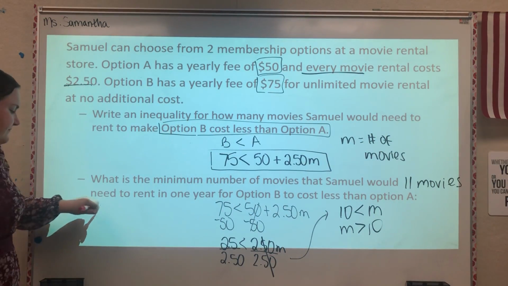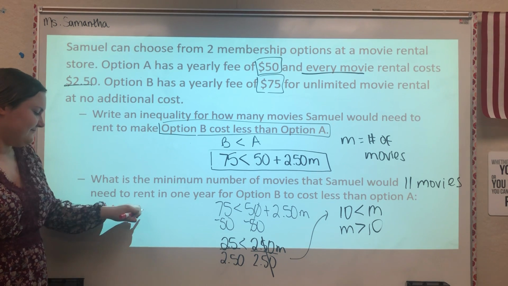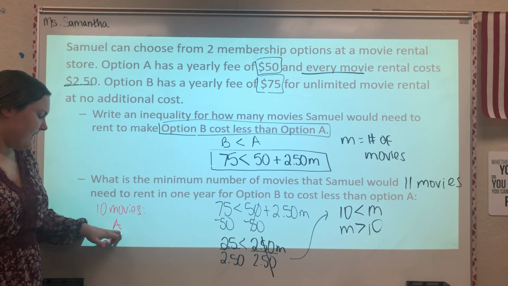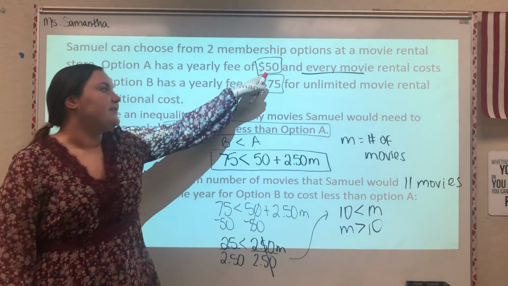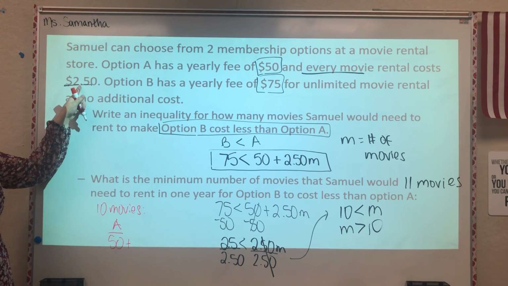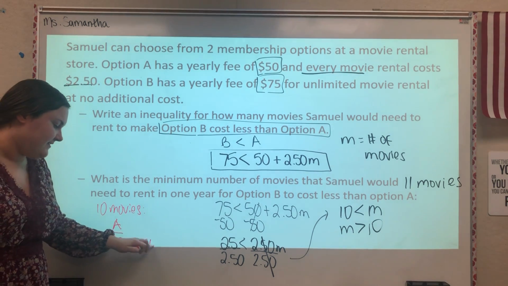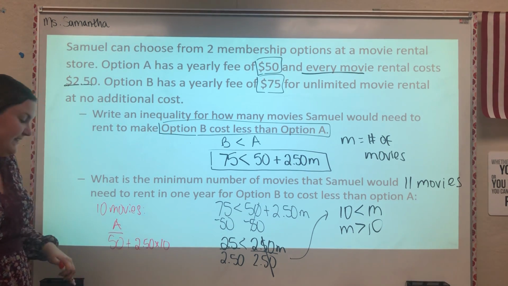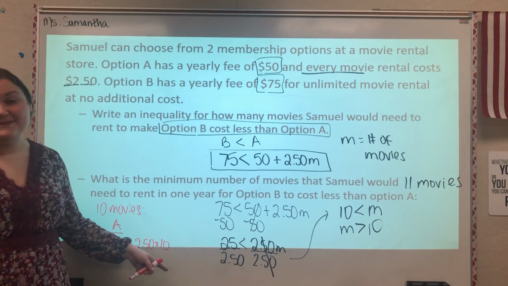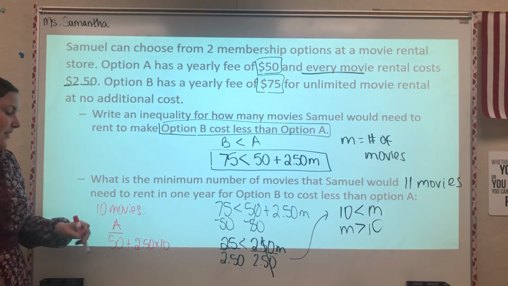Option A, 10 movies for option A would cost the $50 plus the $2.50 for each of those 10 movies. So plus the $2.50 times those 10 movies. $2.50 times 10 is $25. So $50 plus $25.